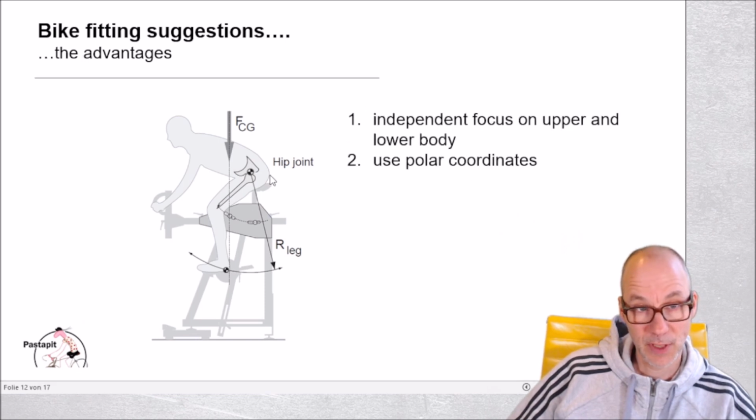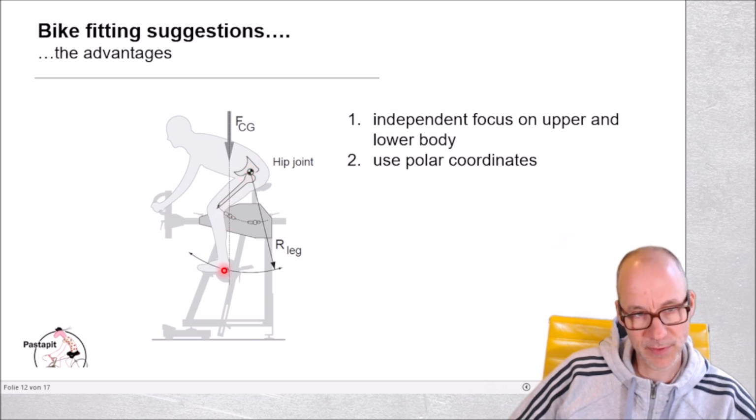Second, if you use polar coordinates, it's really nice, because if I rotate around the virtual pivot point, as I said, I will not influence the lever system at all.